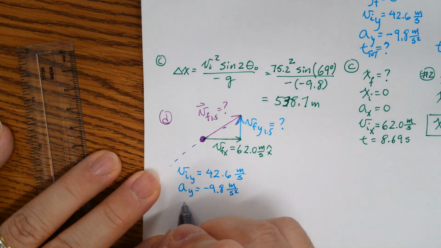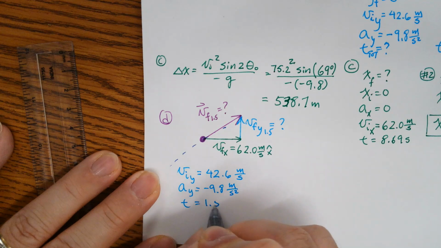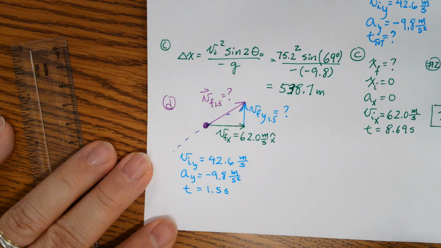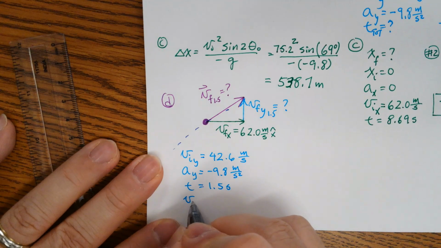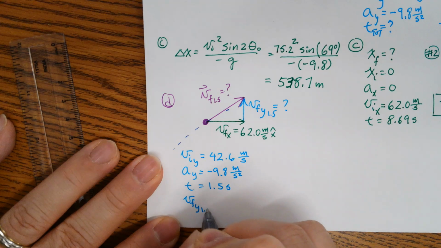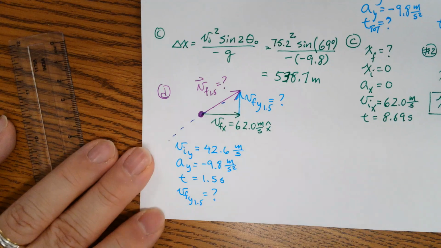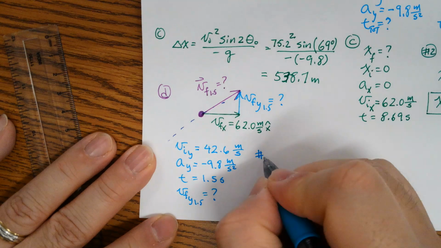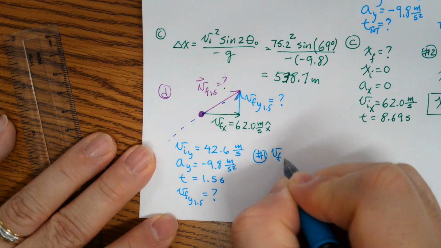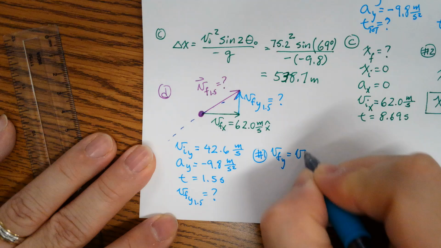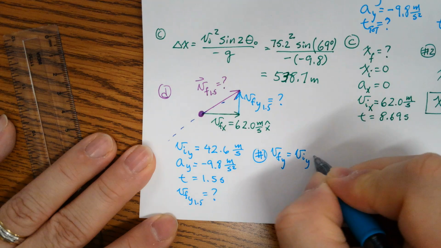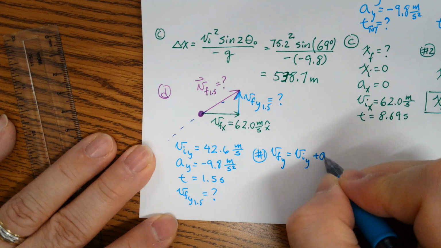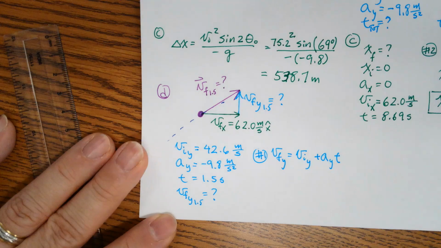We know one more thing: time is equal to 1.5 seconds. And we're looking for VFY at 1.5 seconds. So we could probably use equation number one. Our equation number one states VFY is equal to VIY plus A sub y times time.